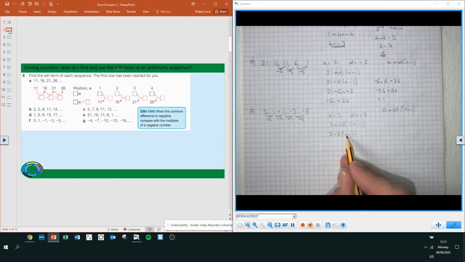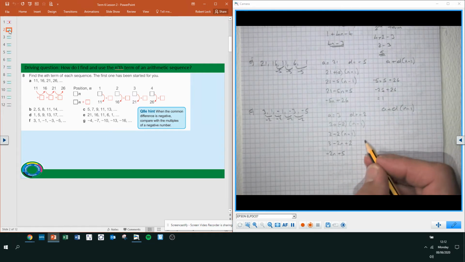Now we multiply our bracket. So 3 minus 2n, minus 2 times n is minus 2n. Minus 2 times minus 1, a minus times a minus makes a positive, so it's plus 2. Collecting like terms, minus 2n, 3 plus 2 equals 5, plus 5.